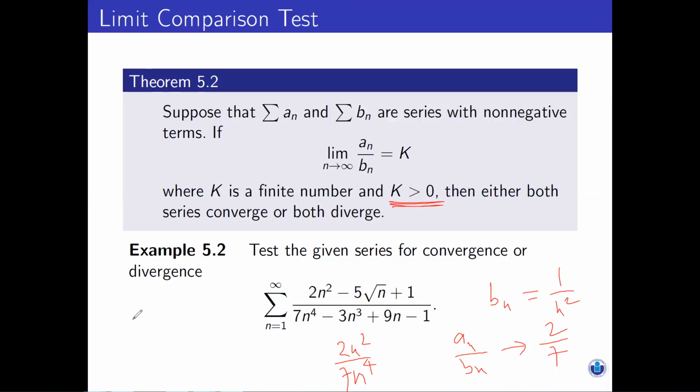And if you look at the sum of Bn, then you get this P series with P equal to 2, so it's convergent. So by the theorem, the original series also converges. Is this clear?